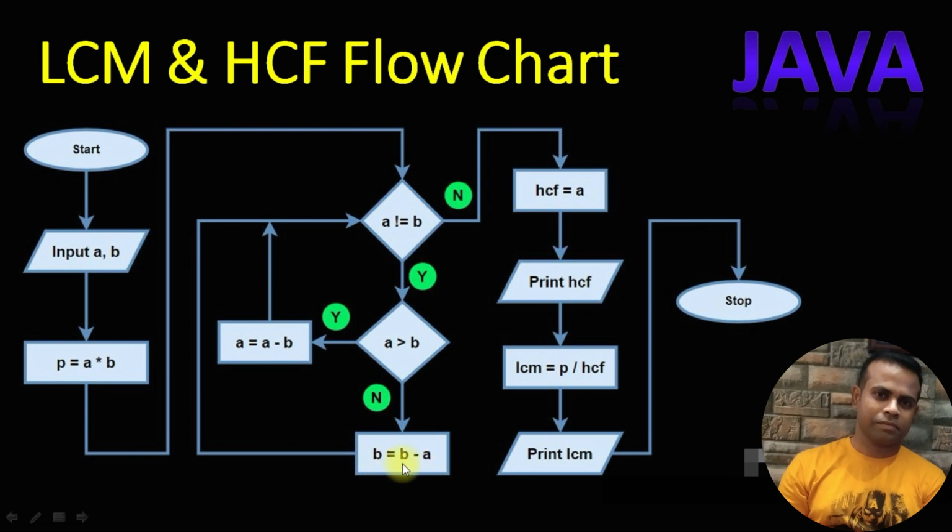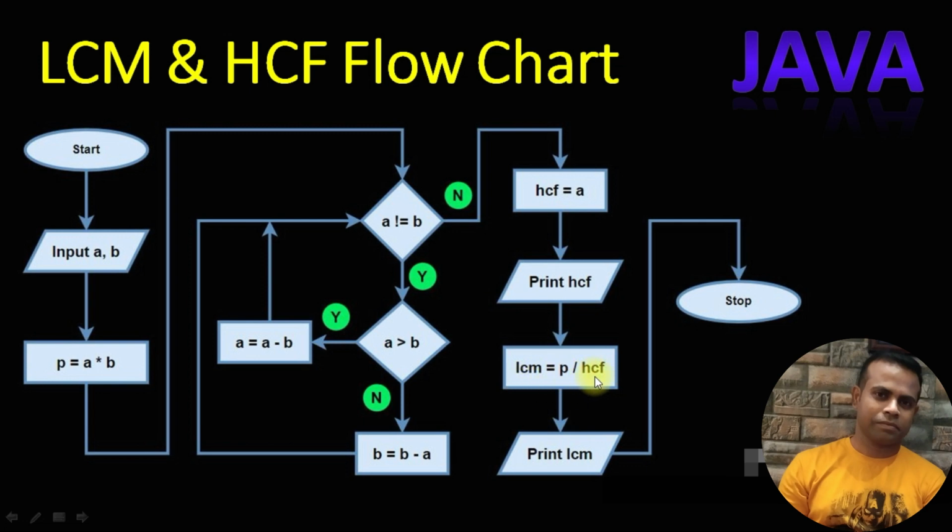That's why B is equal to B minus A. Finally, after both these cases, it will again go back to the condition to repeat the iterations. Once A is equal to B, it will collect the HCF, and since we already collected the product, we will find the LCM value using product divided by HCF.